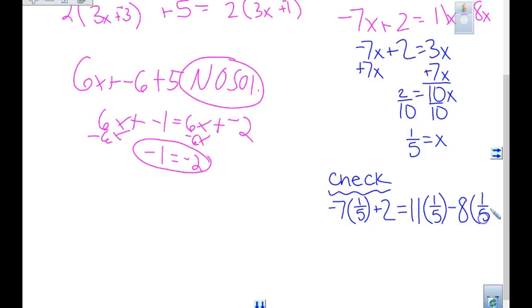Take -7 times 1 divided by 5. Plus 2, right? Okay.